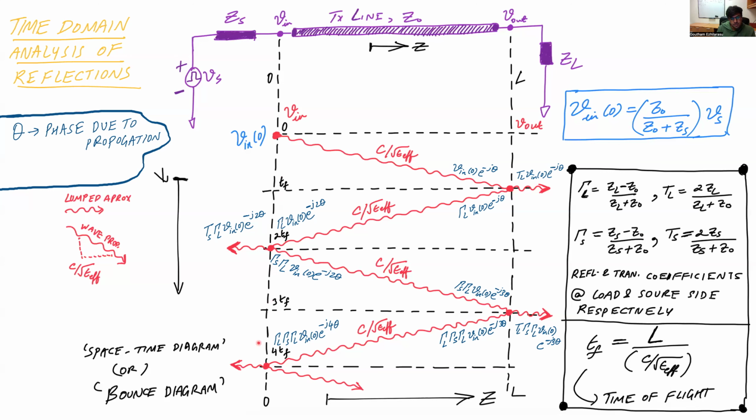And then every time the signal reaches back at L over 4, you keep adding the signal that was received to get the total signal at that location. You see how the signal, originally 0, slowly builds up as we keep adding all the reflections.